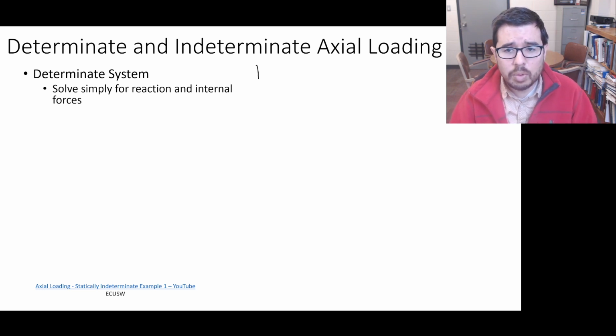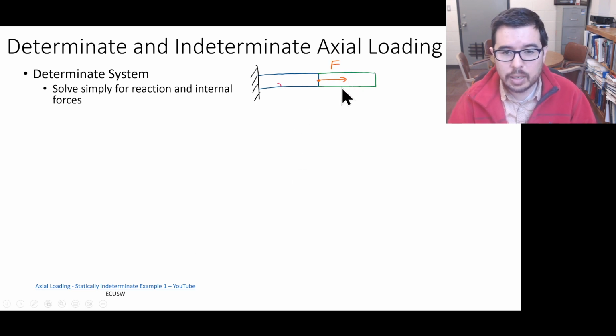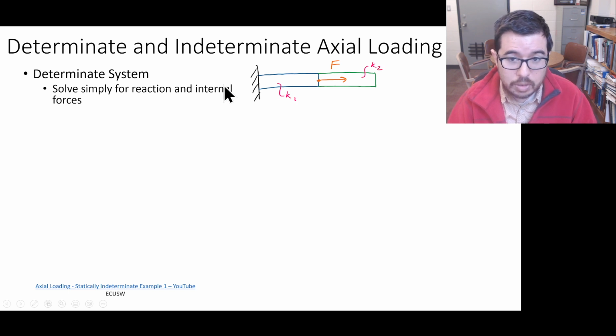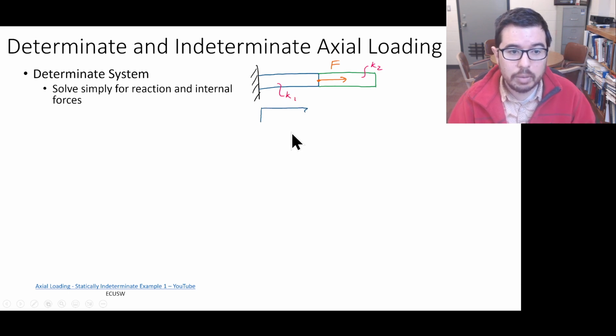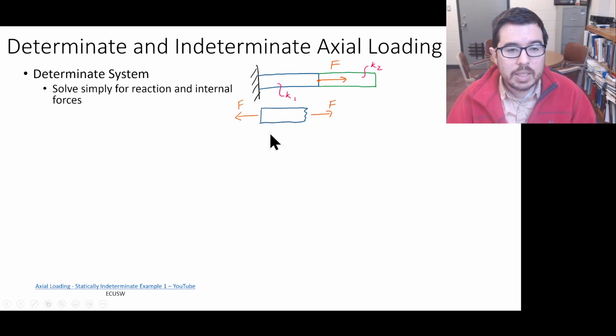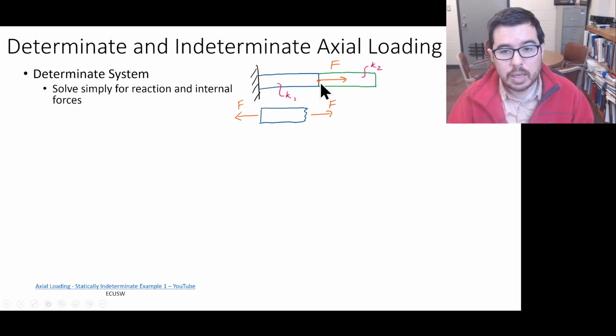And when we look at a system such as this one, where we have one force acting on it, and we have a reaction force of the wall acting on this member here, what we see is that the internal force is just equal to the reaction force here. And if we took another cut here, going from the left, we see now that we have no force in this side.